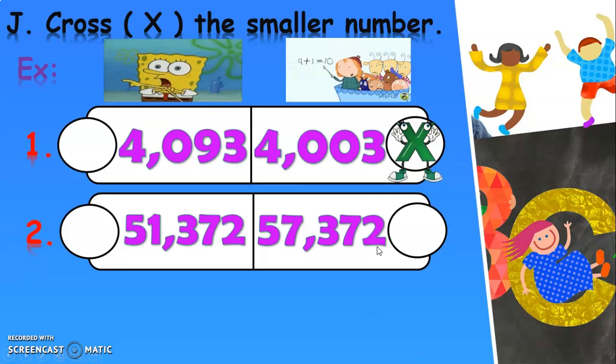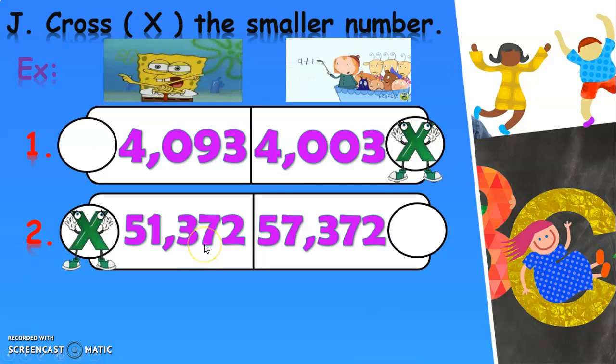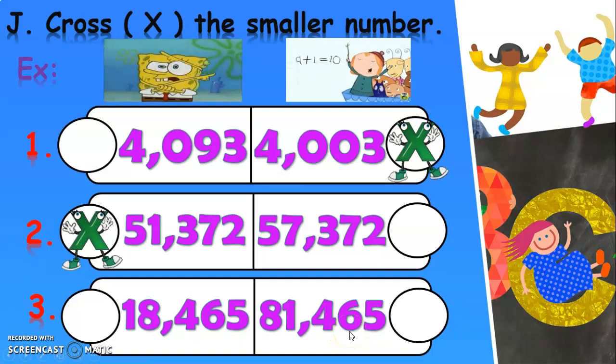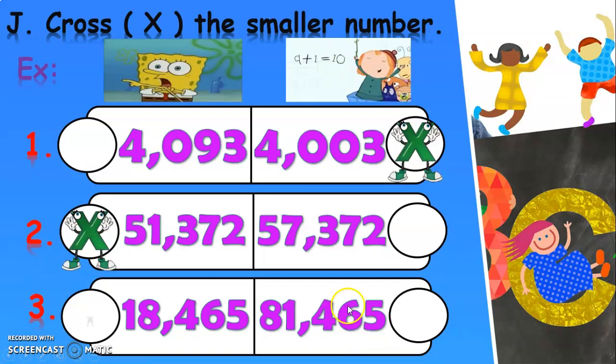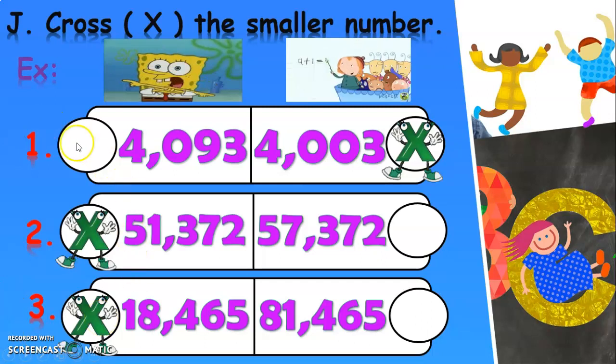Smaller number, which one do you think is it? Now, if your answer is 51,372, then that is the correct one. And for number 3, compare 18,465 and 81,465. Correct answer is 18,465. I hope that you got all of the correct answers here.